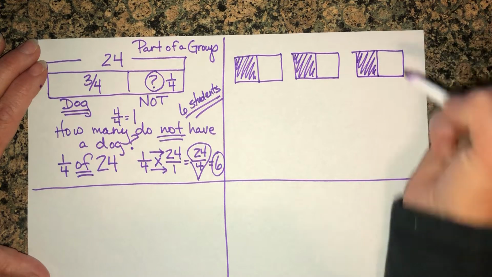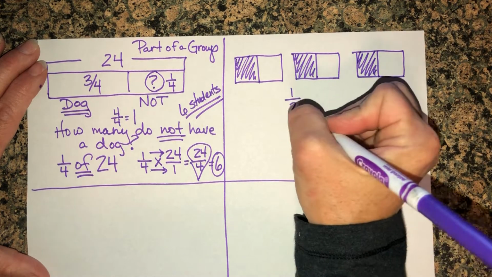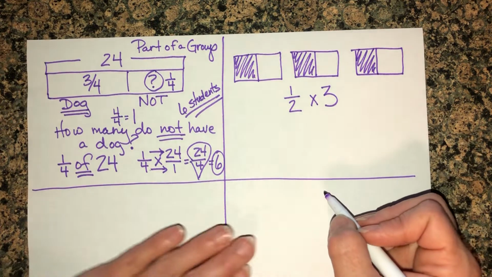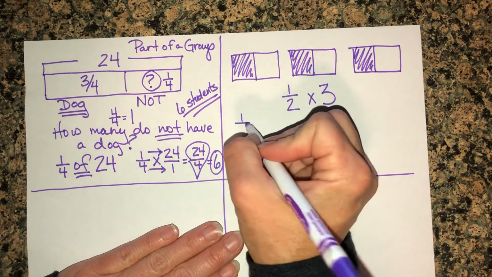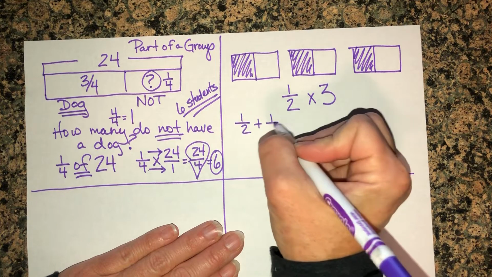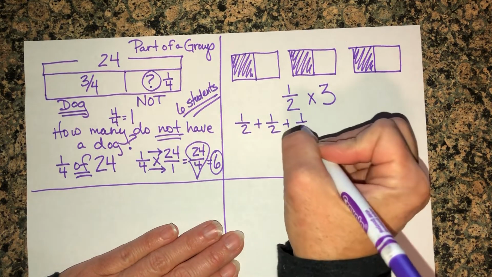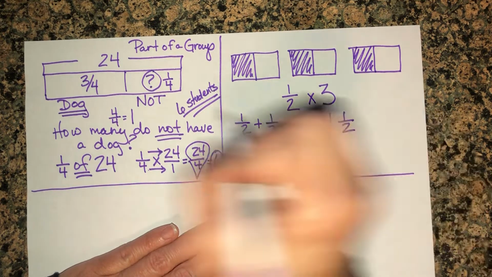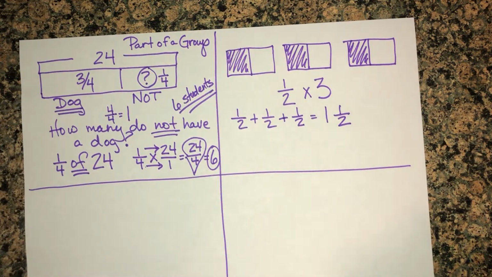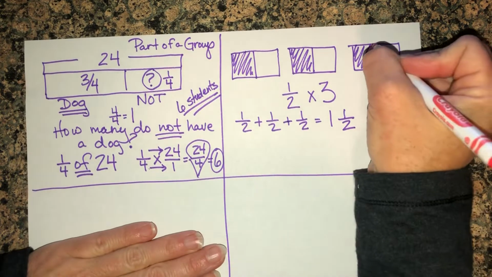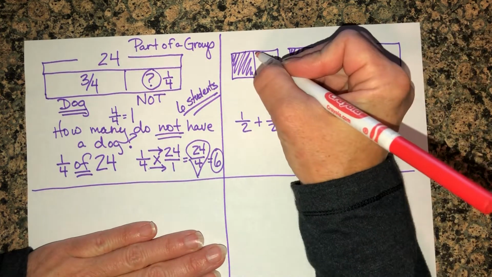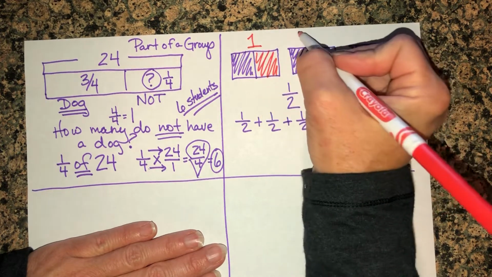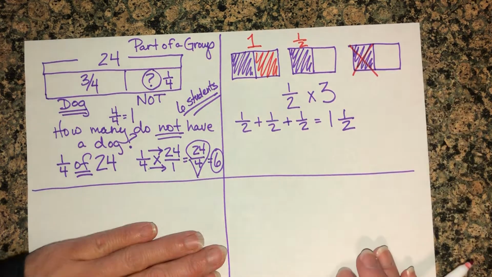This model shows 1/2 3 times. This is just 1/2 times 3. I could do 1/2 plus 1/2 plus 1/2 and get my answer of 1.5. I can look at these pieces and rearrange them, take one off of here and put it over here, and I can see I have 1 whole and 1/2 after I do that.